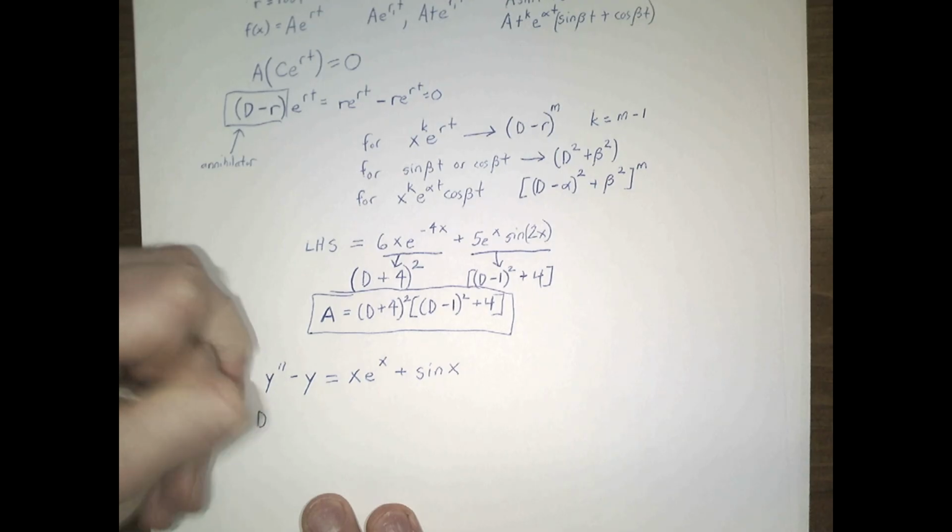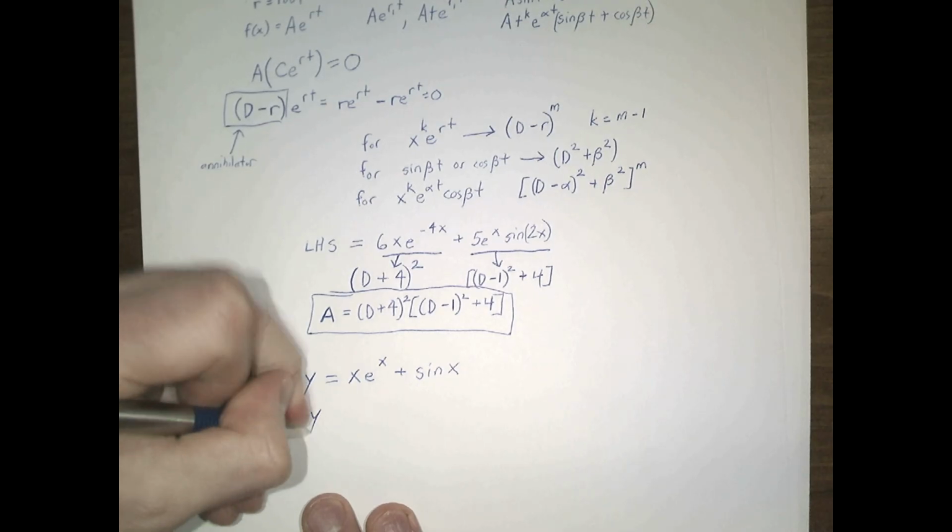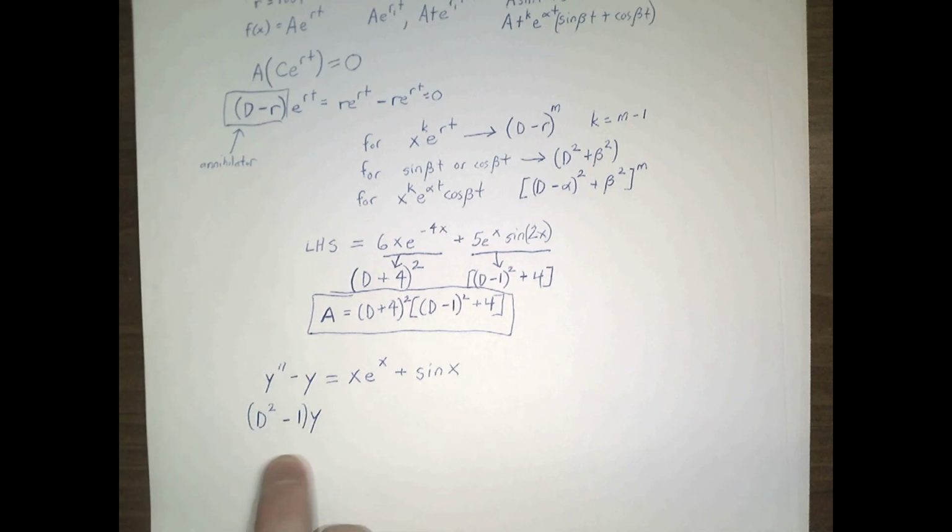So we have D squared minus 1 acting on some function y. We've rewritten this in operator form, which is just a different notation where we have D squared acting on y minus 1 acting on y, which is the same thing as saying second derivative minus the actual function itself, y.